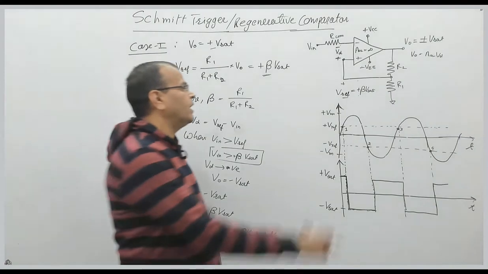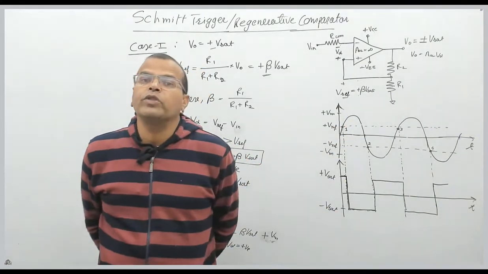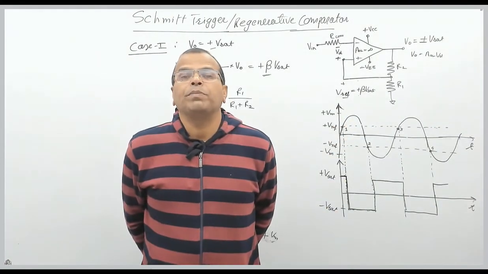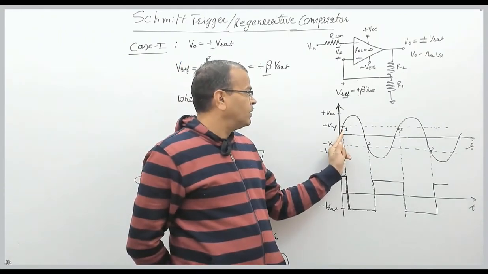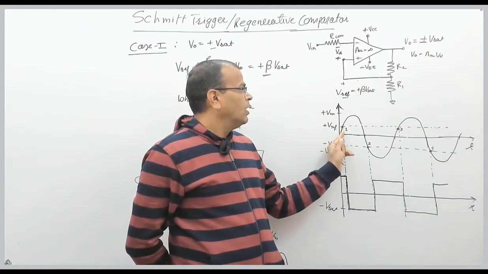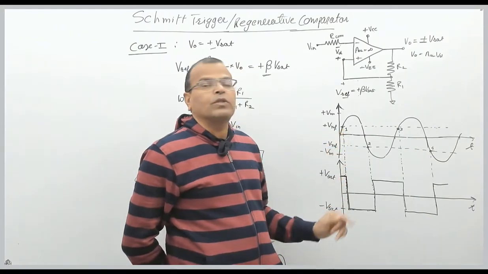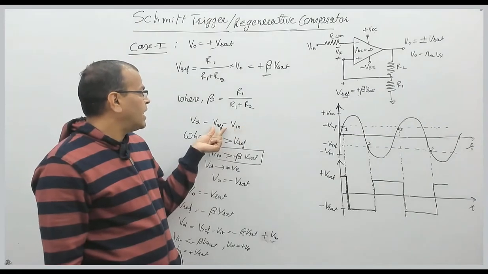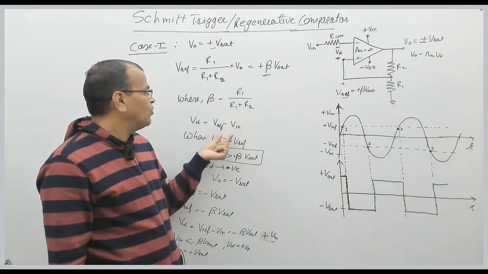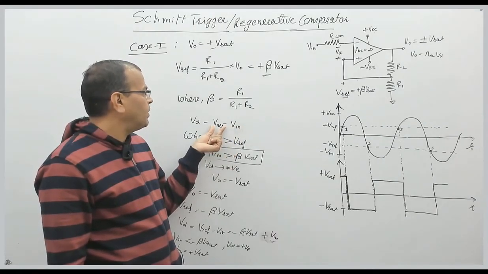So when input voltage was less than plus beta into V set, means this portion, your output voltage was plus V set. Why? Because please see, input voltage is less than plus beta into V set.